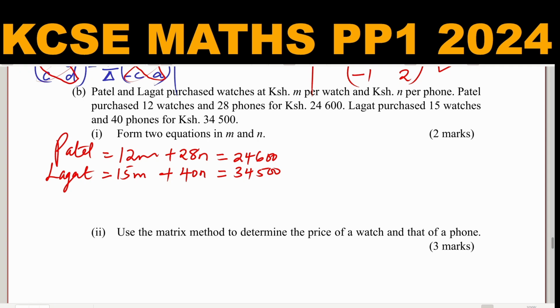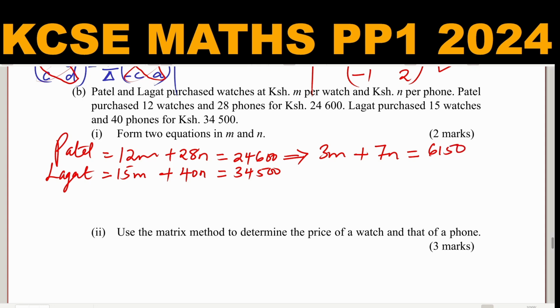Now what you can do is simplify these equations so that you may have an easy time when you are working out. If you simplify the first one and divide every term by 4, you get 3M plus 7N is equal to 6150.